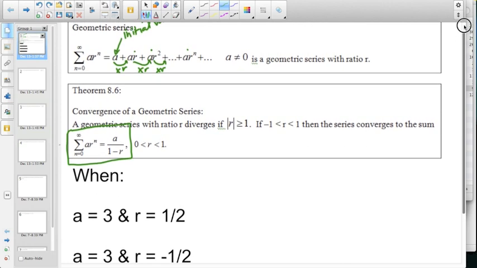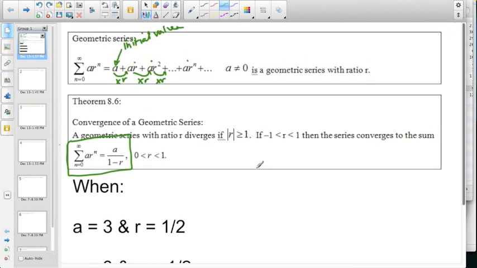If we take a look at just this first one here, the initial value being 3 and the common ratio of 1/2, then if we write out the series here, the series will look something like this. We have an initial value of 3, we have a common ratio of 1/2 to the n power. We start at n equals 0.